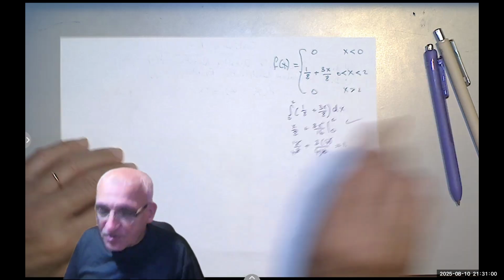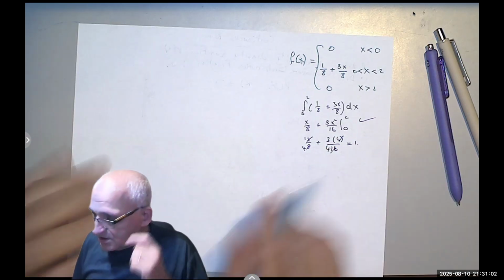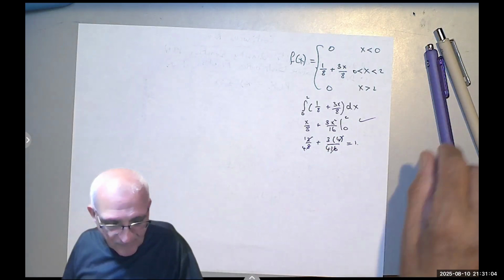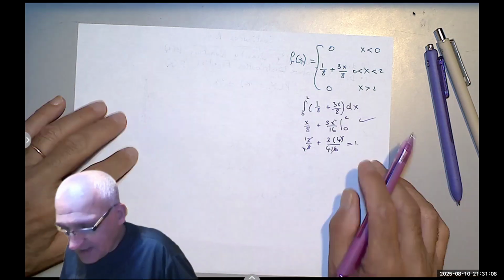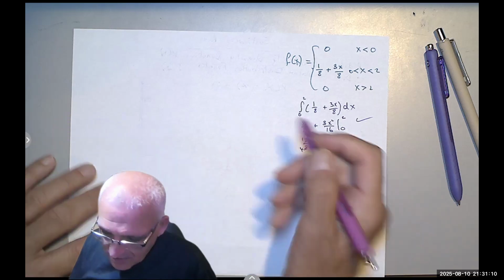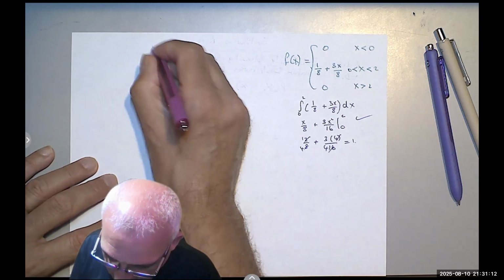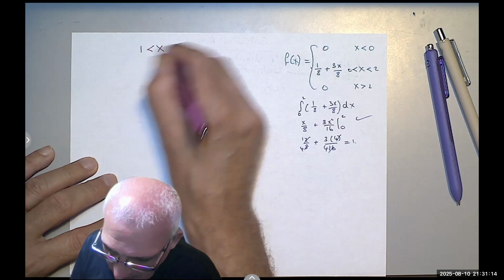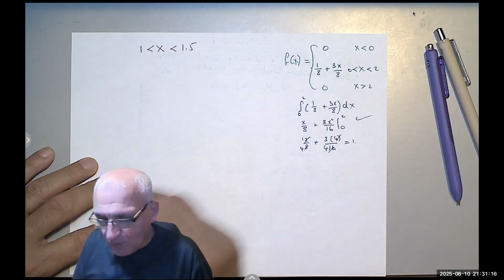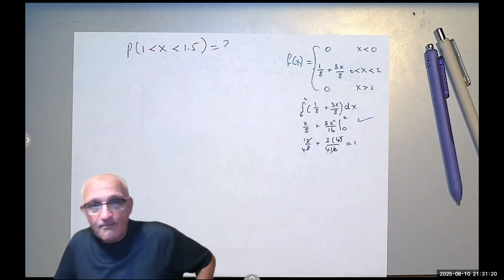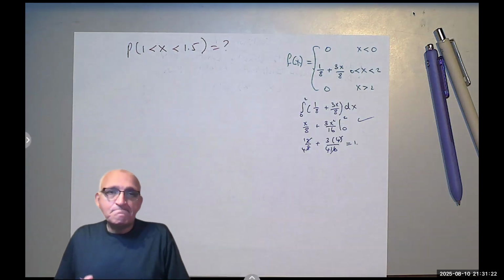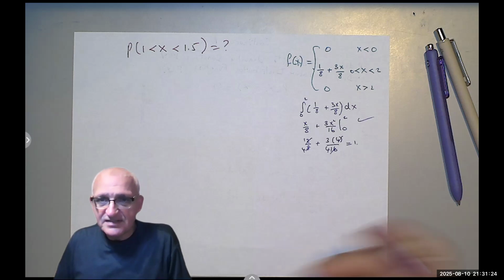Okay, so now I want to ask you, find the probability that when we check at some point in time, the load x is greater than 1, less than 1.5. What is the probability of that? Okay, very simple.